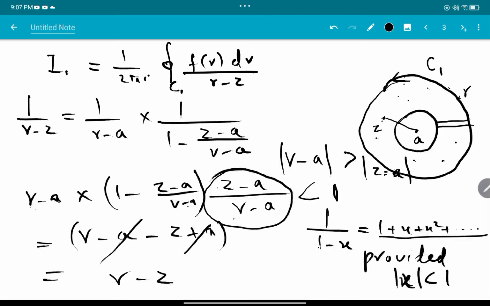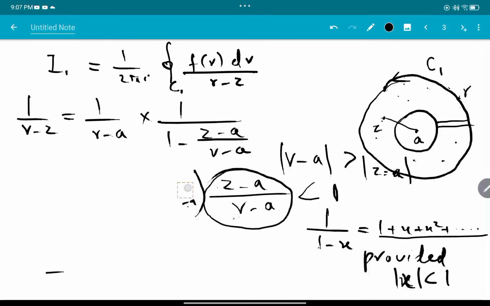So it is gamma minus z. Okay. Now we have established this.